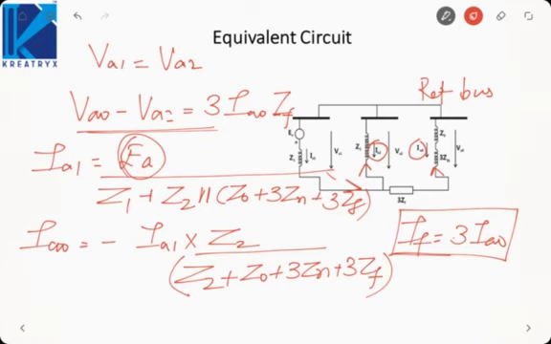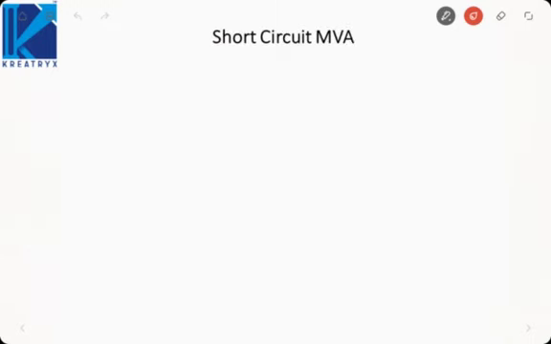Now to derive the short circuit MVA, or the power being transferred into the fault, again I am directly writing 3 EA1 IA1 conjugate, because EA2 and EA0 are 0. That is 3 EA1.